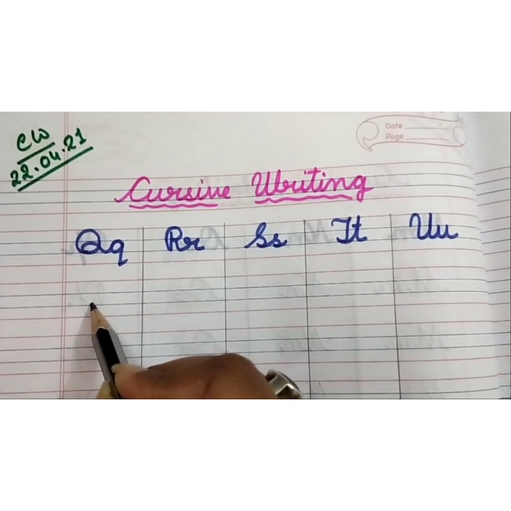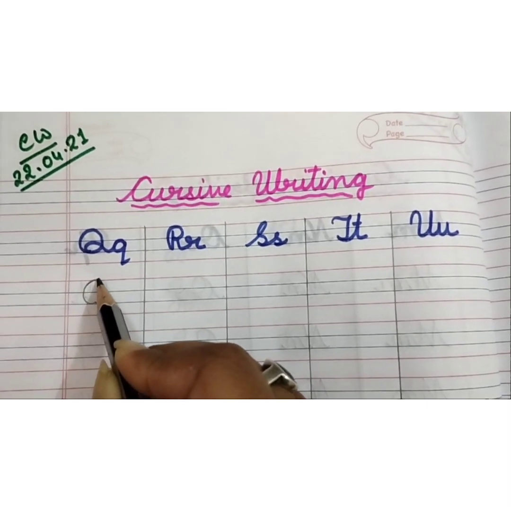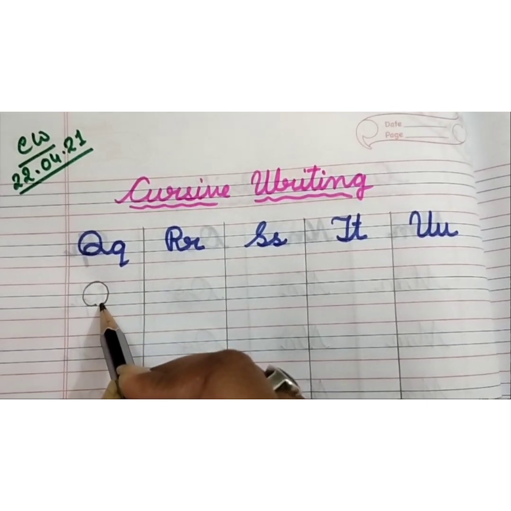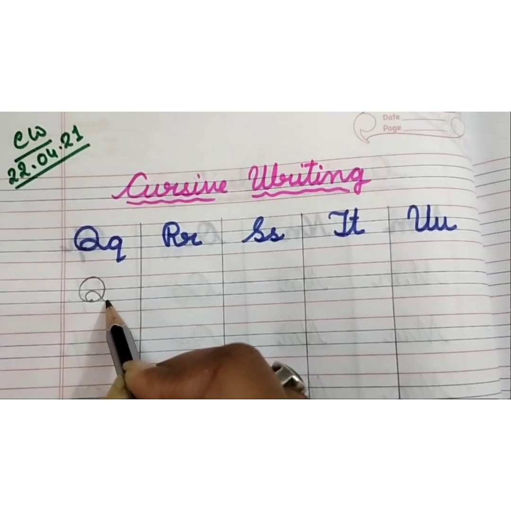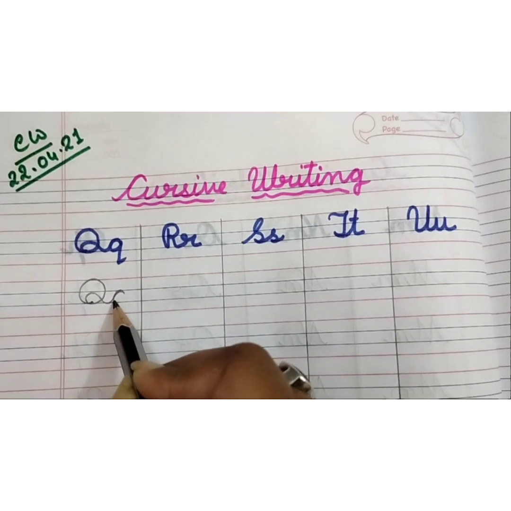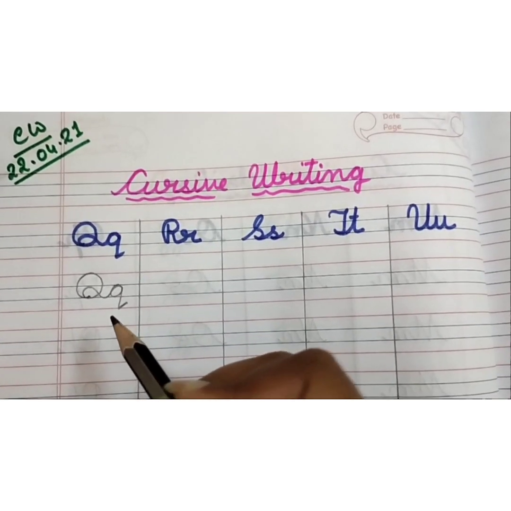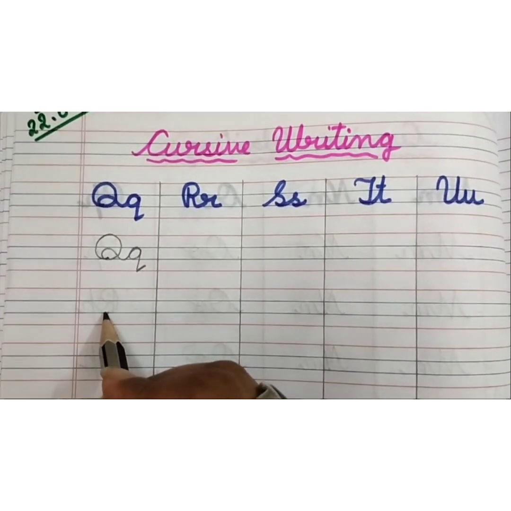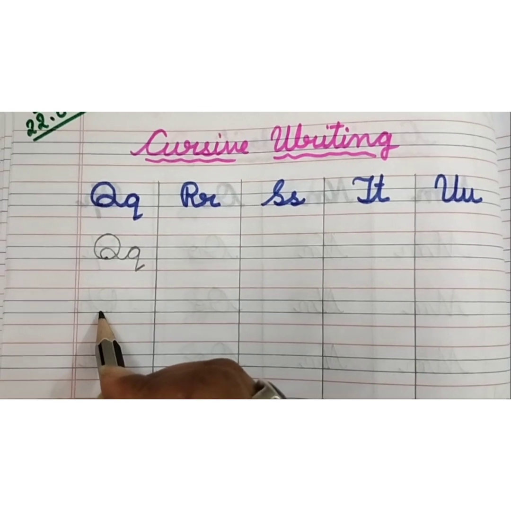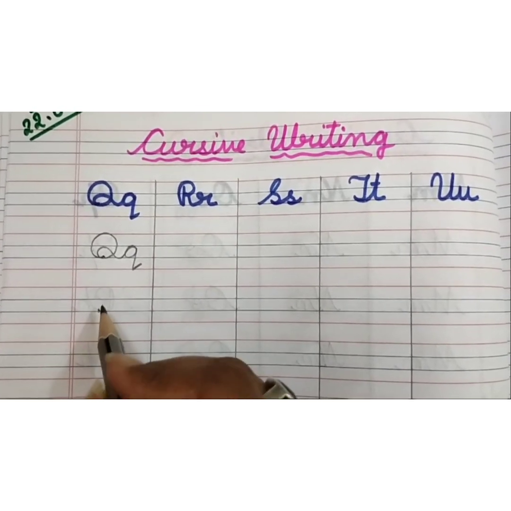From here we will make a circle in anti-clockwise. We will make circle. And from here we will come down and we will join and we will write small letter Q. Again I repeat, this one is our starting point.